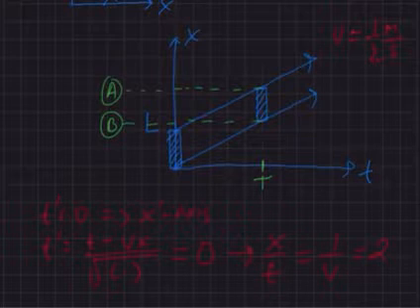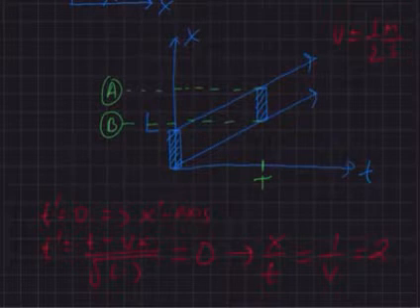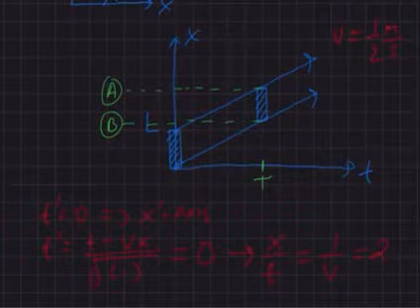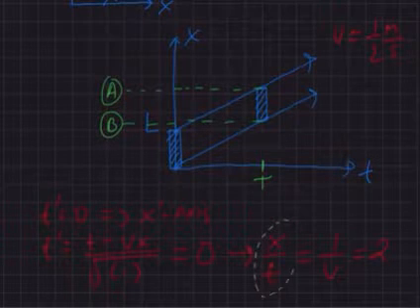And the second thing to notice is that we have a discord here. X over t is meters per second, but 1 over v is seconds per meter, it seems, at first glance. The reason why there's this discord is because we set c equal to 1.